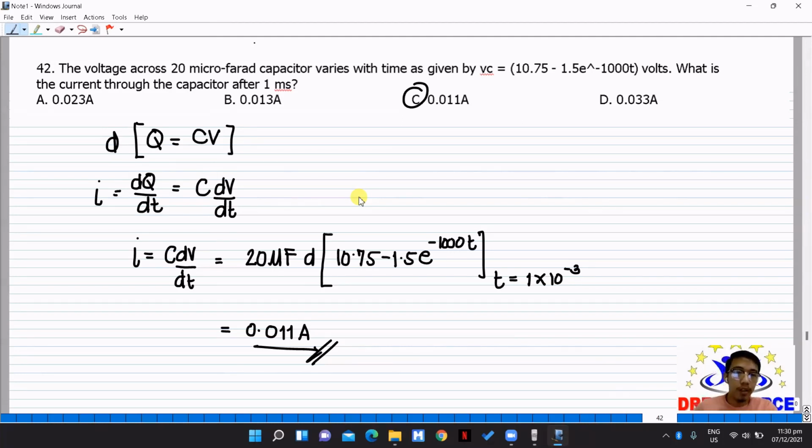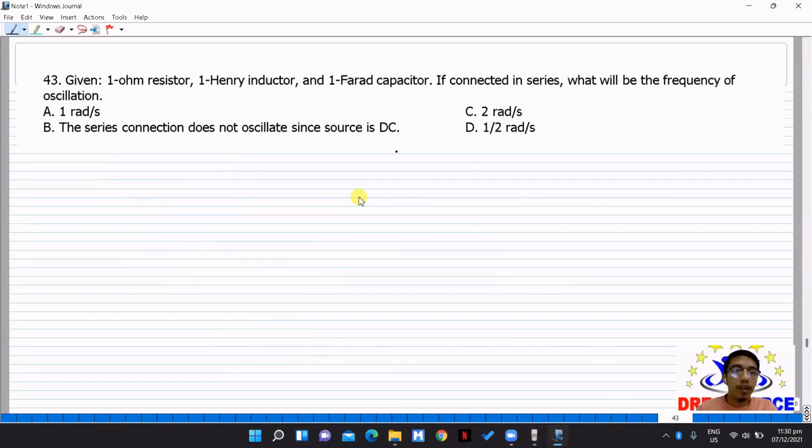Okay, next number 43. Given 1 ohm resistor, 1 Henry inductor, 1 farad capacitor, if connected in series, what will be the frequency of oscillation? So again, the frequency of oscillation is the resonant. So 1 over 2 pi square root of LC.